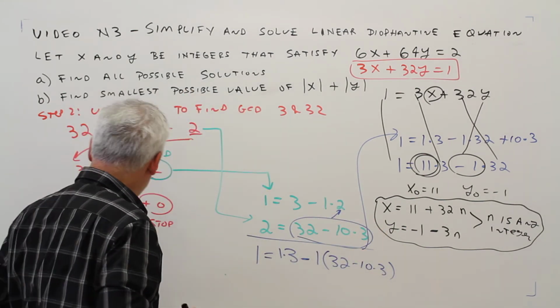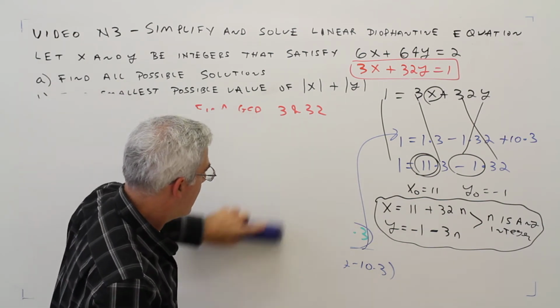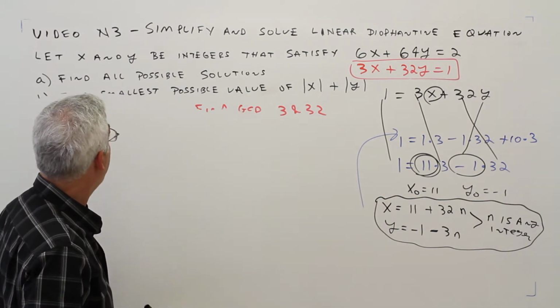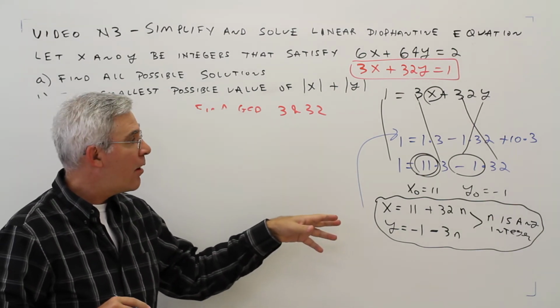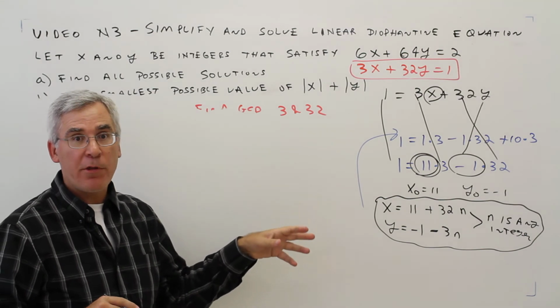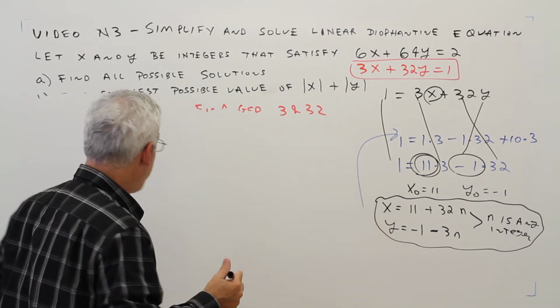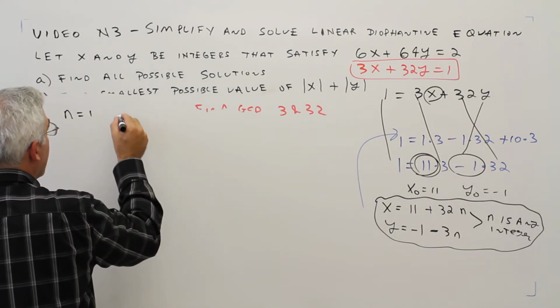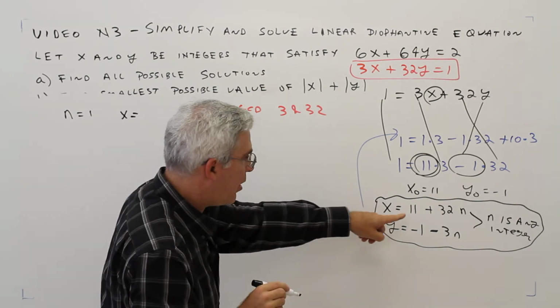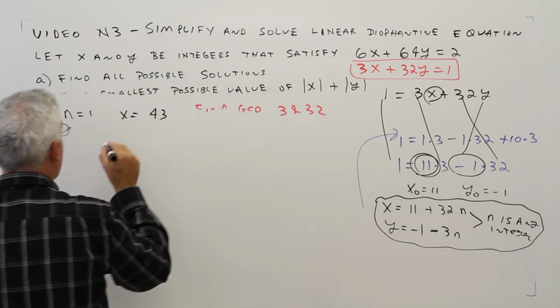Then the second part, let me erase all this. Says to find the smallest possible value of the absolute value of x plus the absolute value of y. So if you wanted to, you could list some other specific solutions. For example, if n equals 1, we would get x to equal 11 plus 32, that's going to be 43.